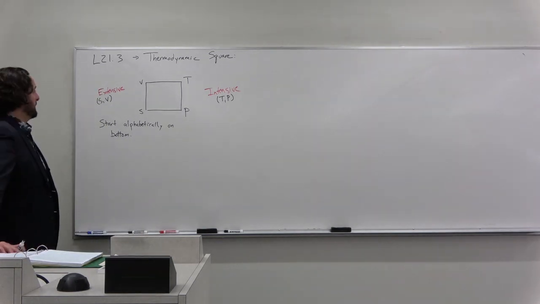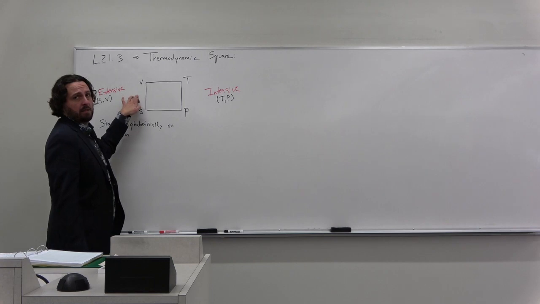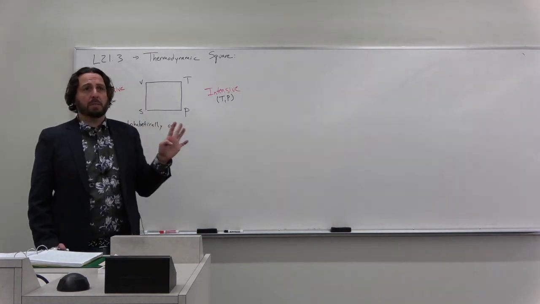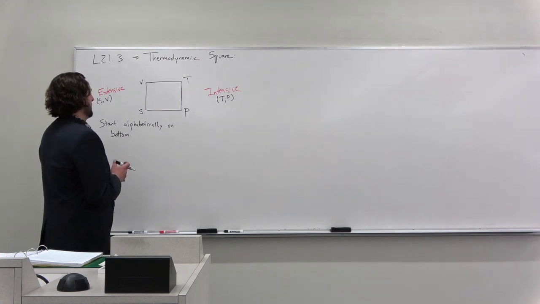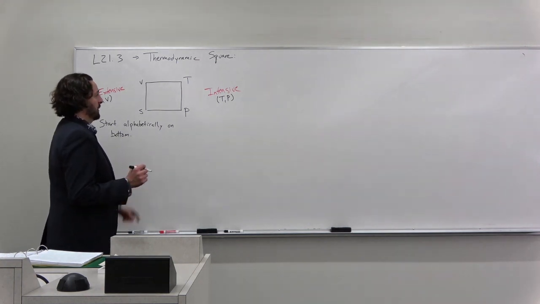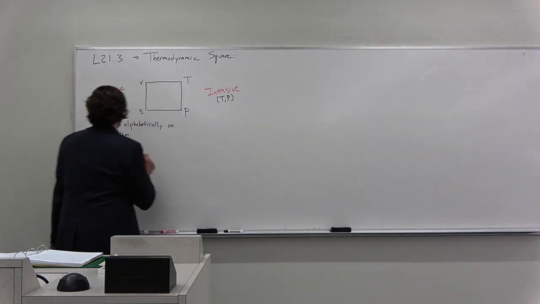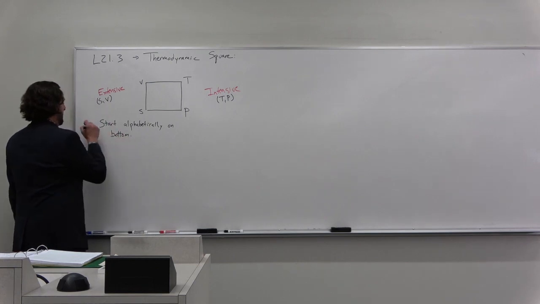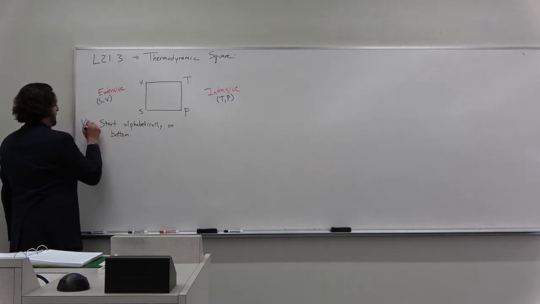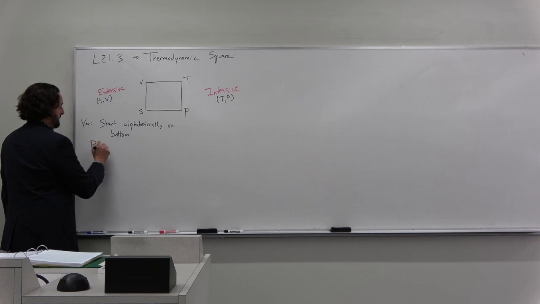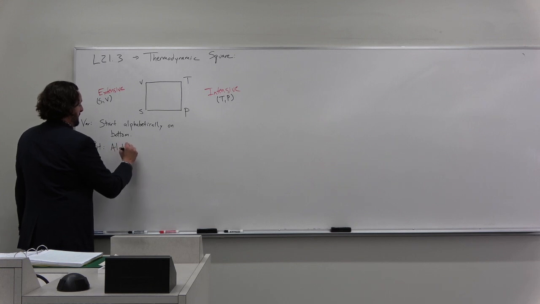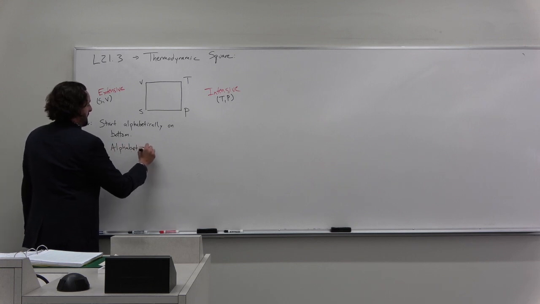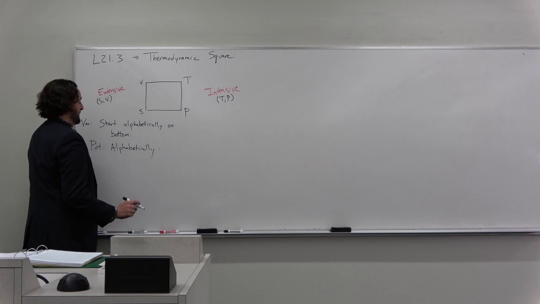So next we're going to label each one of the sides with the corresponding thermodynamic potential. Okay, so we're going to do it again. So these are my variables, my potentials. I'm going to do alphabetically. Okay, so let's remember what they were.